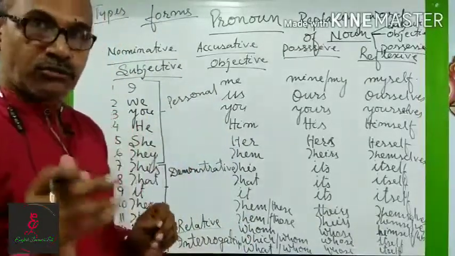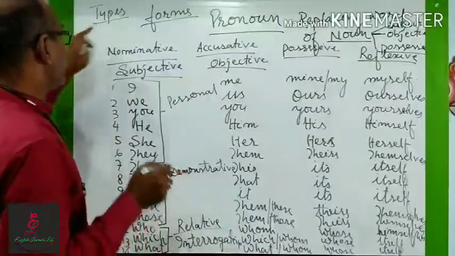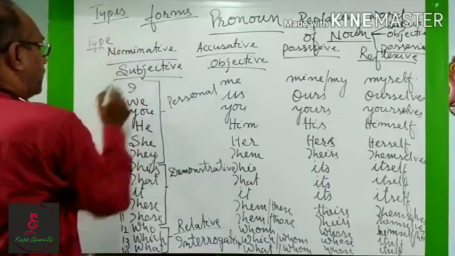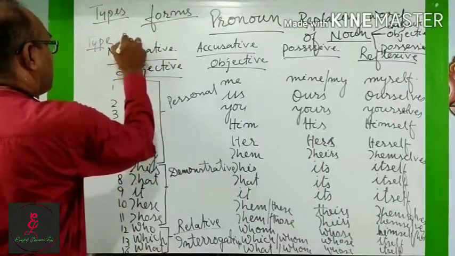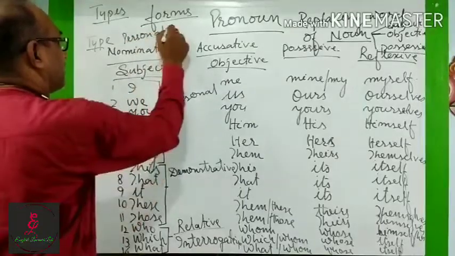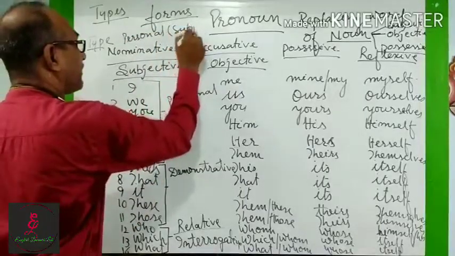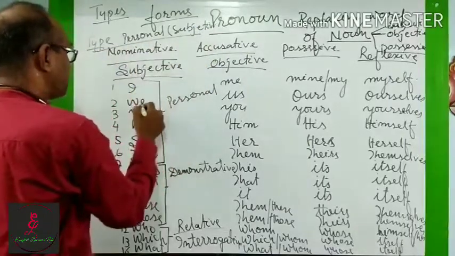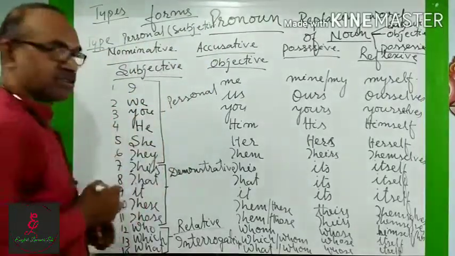Okay, so you will make your own types of pronouns. So for example, you will write types of personal pronoun, subjective. Then under these you will write 1, 2, 3, 4, 5 and 6.